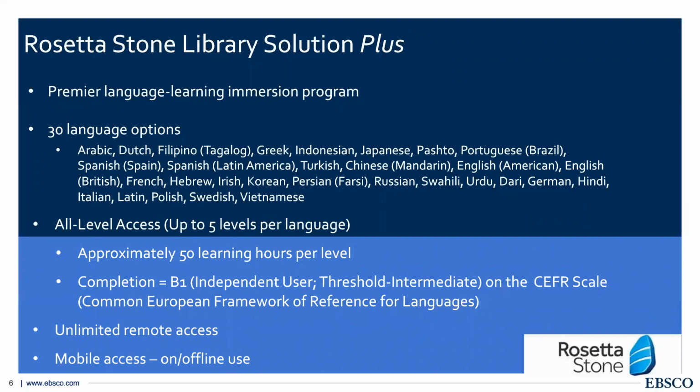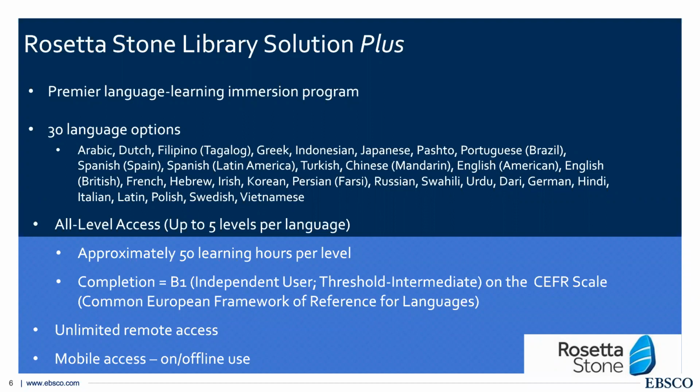And completion of all levels is equivalent to what they call a B1 user rank on the CEFR scale, and that CEFR acronym stands for the Common European Framework of Reference for Languages.